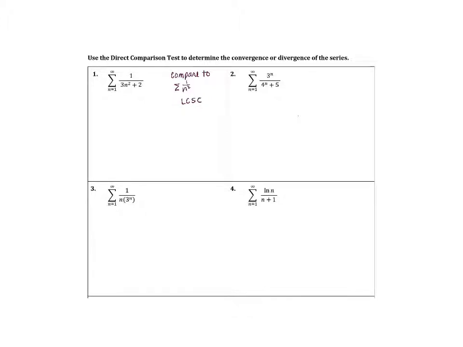We do have positive terms, so this is a positive series. And so we need to determine that 1 over n squared is certainly larger than 1 over 3n squared plus 2. And we see that is true for n greater than or equal to 1.